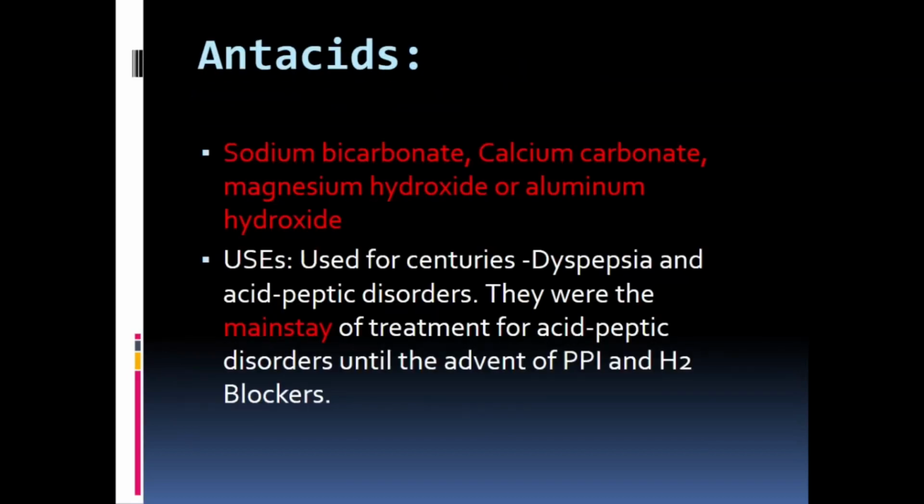Now, what are the uses of antacids? These have been used for centuries for the treatment of dyspepsia and acid peptic disorder. They were the mainstay of treatment for acid peptic disorder until the advent of PPI and H2 receptor antagonists.